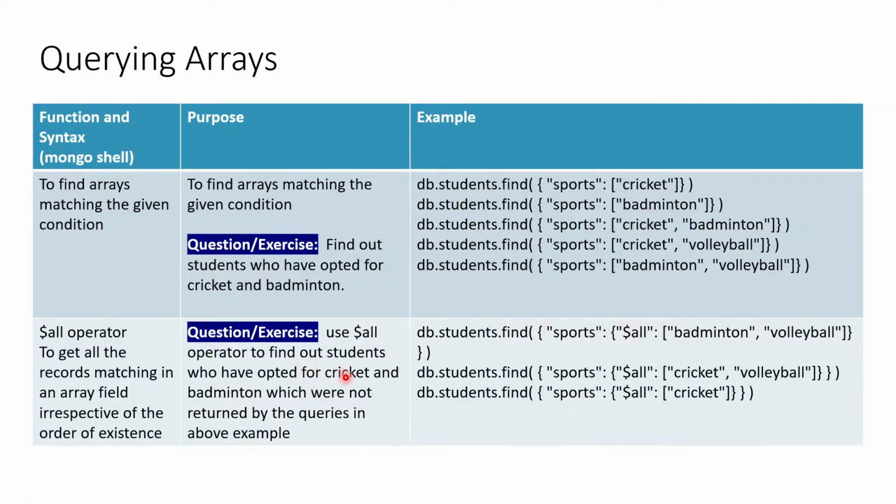You have to find out all the students who have opted for cricket and badminton which were not returned by the queries in this example. If you are clear with the difference between the first function and the second function, and what each returns, then you are clear with how to query arrays in a JSON document.